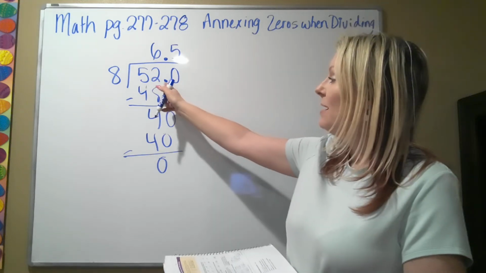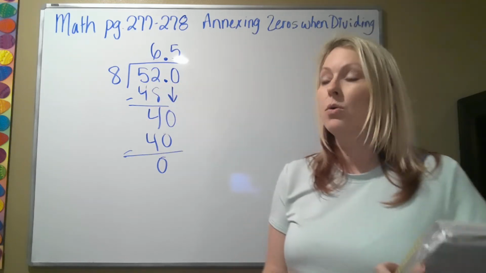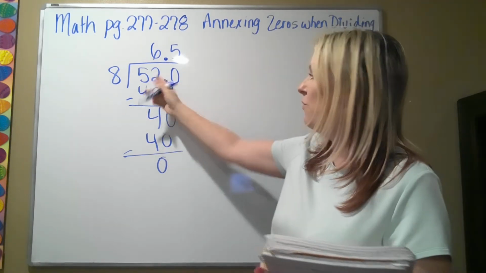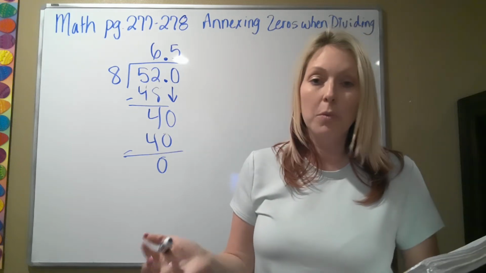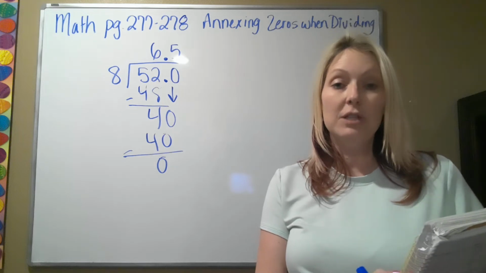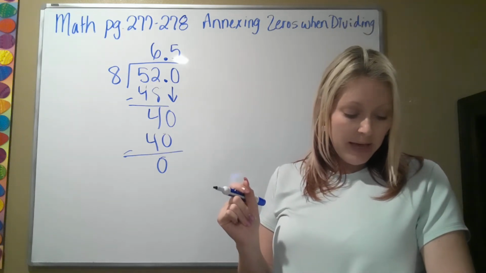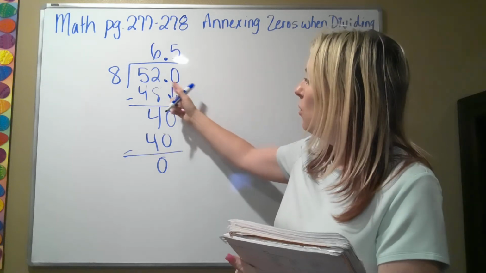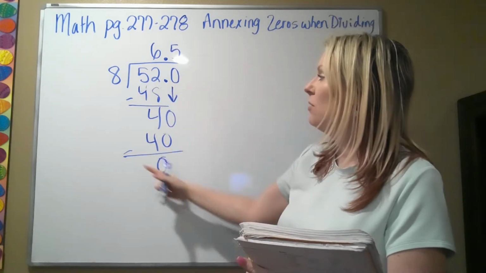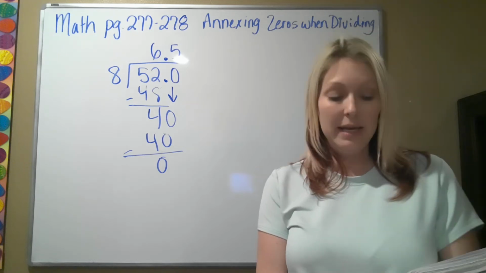If you were to ask the computer to show you 52 with a decimal place, guess how they're going to show you? 52.0, okay? So once we add this decimal place, we can then figure out our division problem.